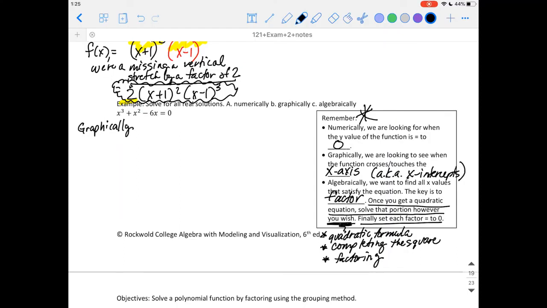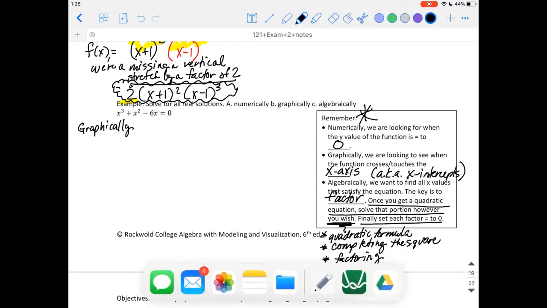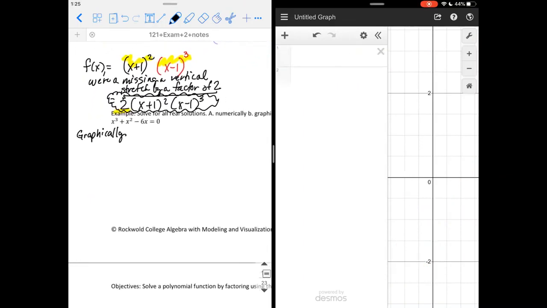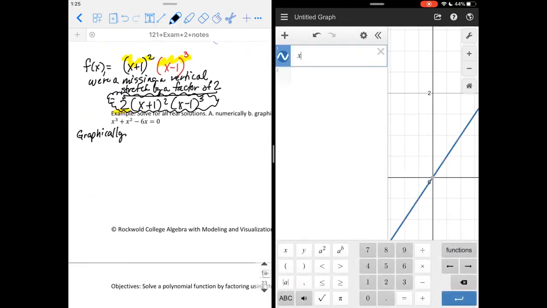Graphically, again, we can use decimals. So here on this one, let me go to my graphing utility. I have x to the power of 3 plus x squared minus 6x. I want to make sure I have it.